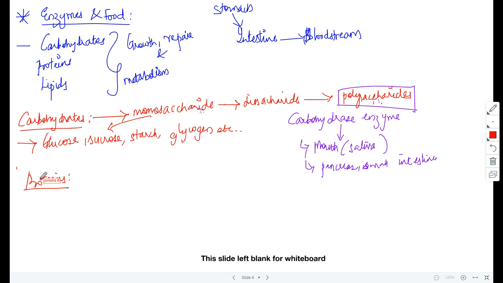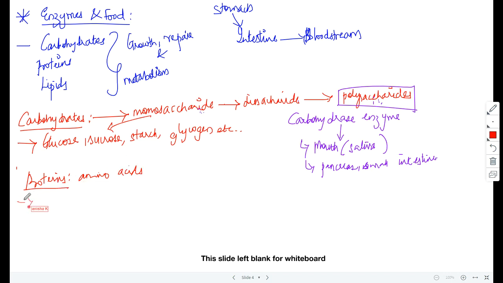Now proteins. Proteins are large molecules made from amino acids. So you got it? How proteins are made? Many amino acids join together and they form proteins.